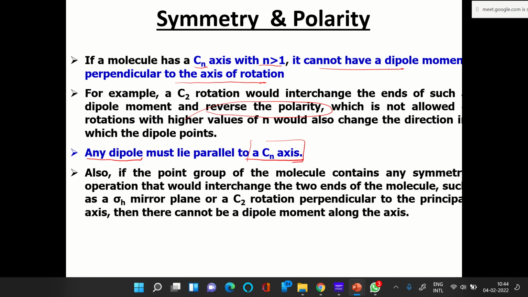Now, in a symmetry operation, when it is a principal axis and you rotate it, there is no change in the position of the atoms along that axis.